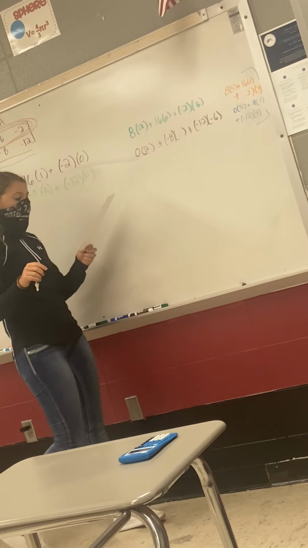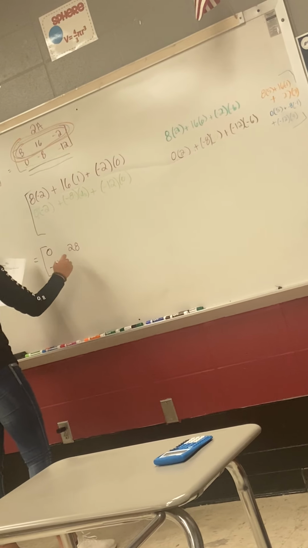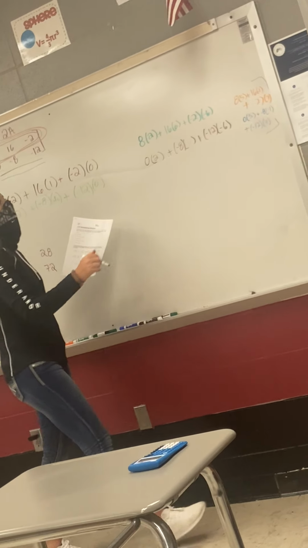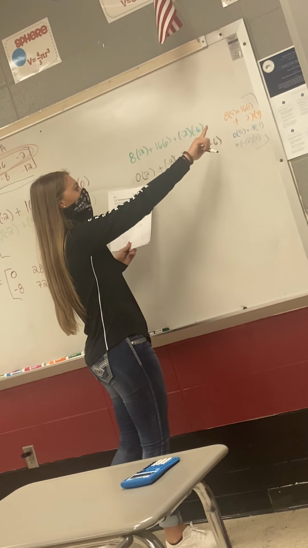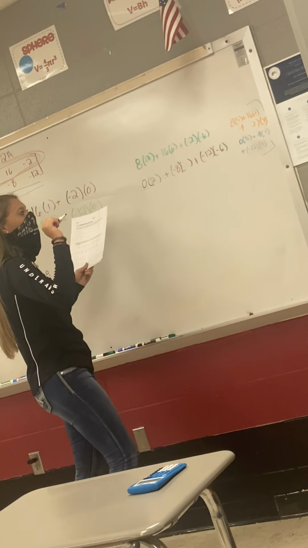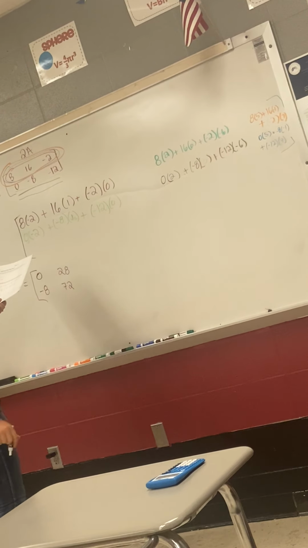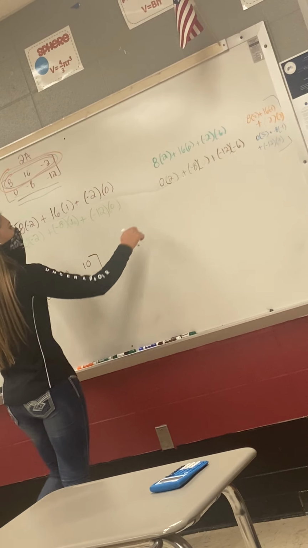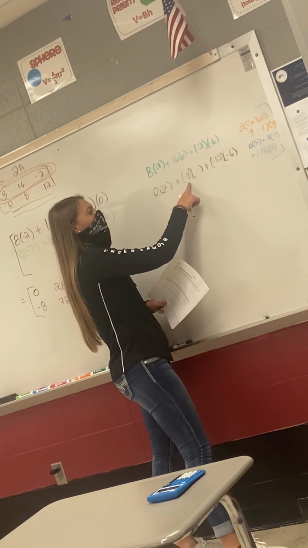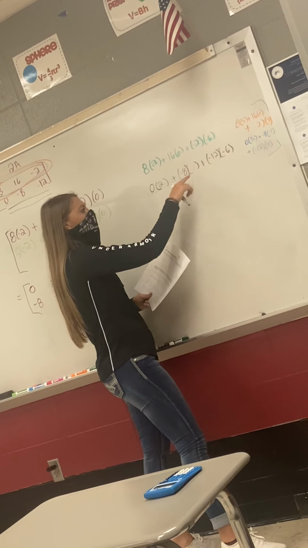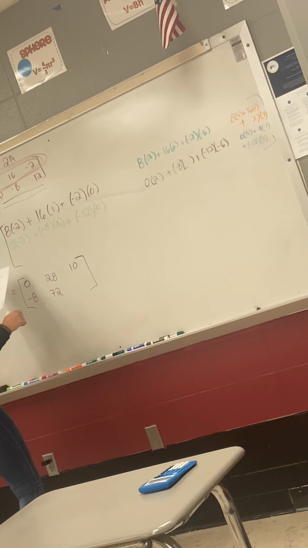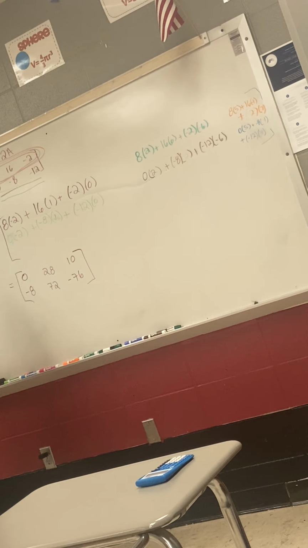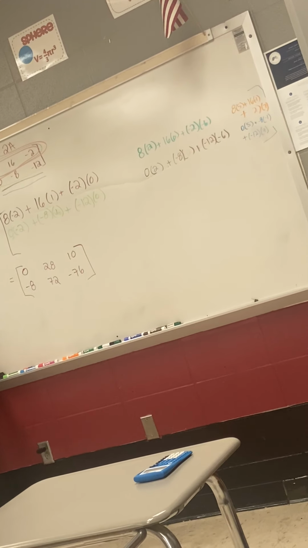And negative 12 and negative 6, you're going to get 72. 8 and 5 plus 16 times negative 1 plus negative 2 times 7, you're going to get 10. And then 0 times 2 is 0. Negative 8 times 0 is 0. And negative 12 and negative 6, you're going to get negative 76. Now, is that a 2 by 3?